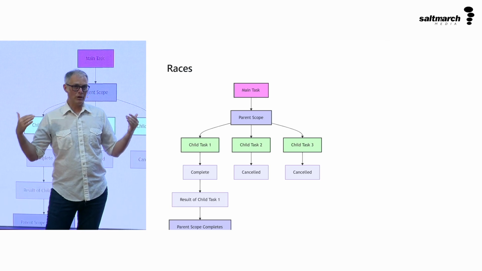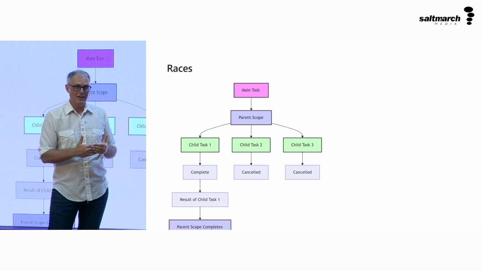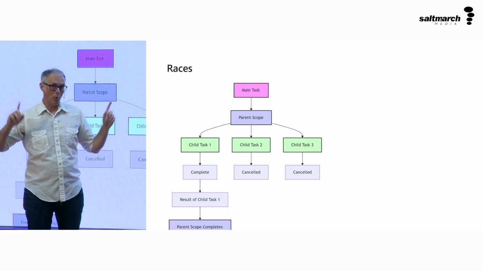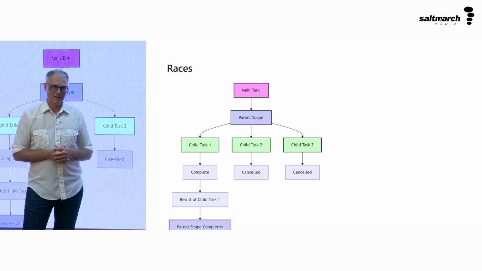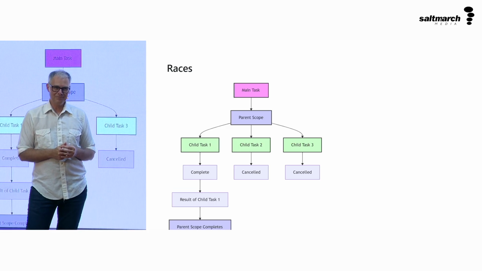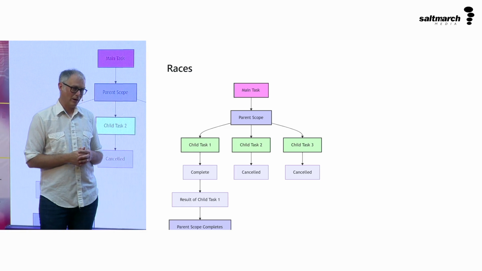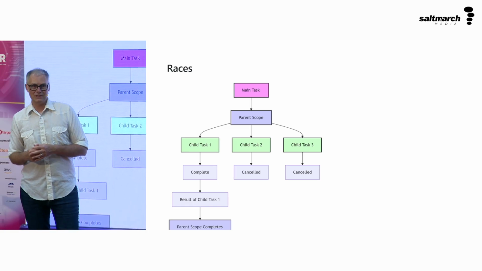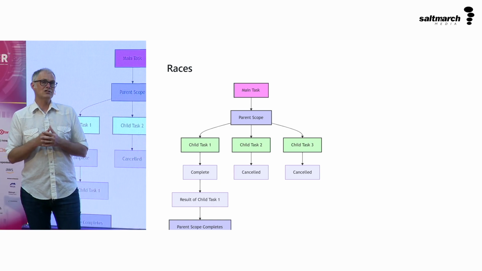So anytime you're trying to decrease the latency by having two or more different things that can do the same thing, that's a good place for a race. Was that helpful for use cases there? We'll talk about a specific form of a race later, where this gets used most often, called a hedged request.